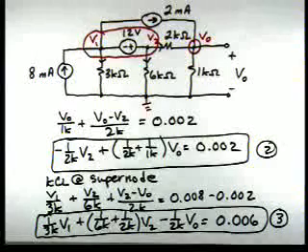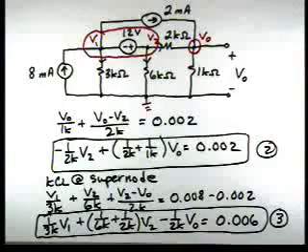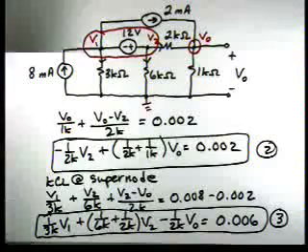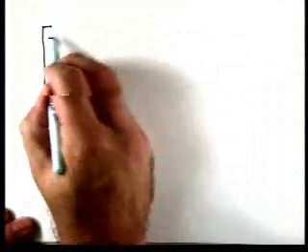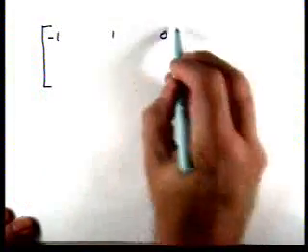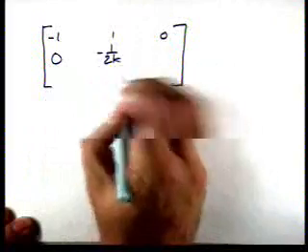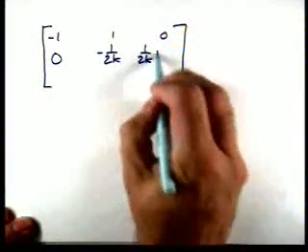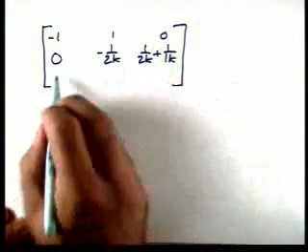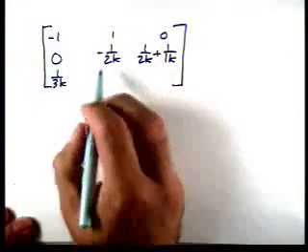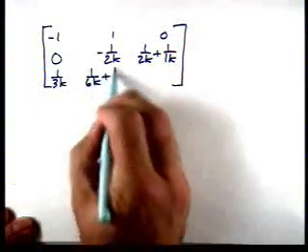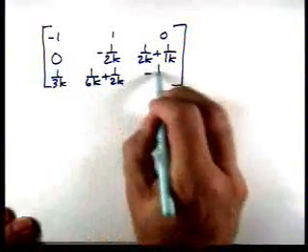Now let's collect those in a matrix and go through and solve them using MATLAB. So in matrix form now, this is what we have. There's our matrix.